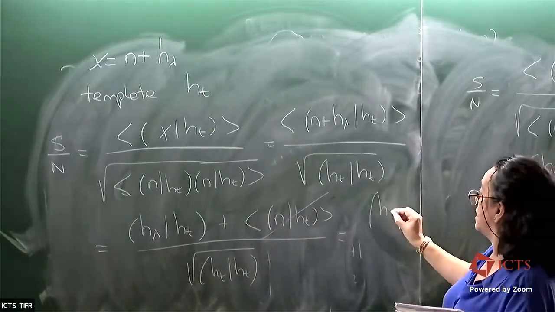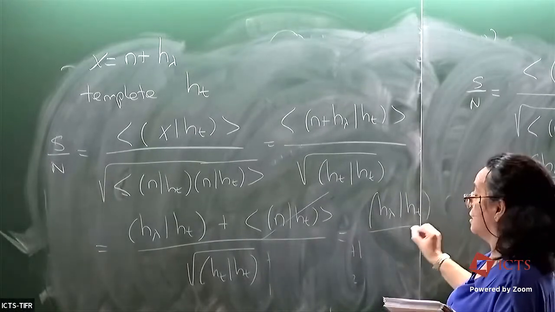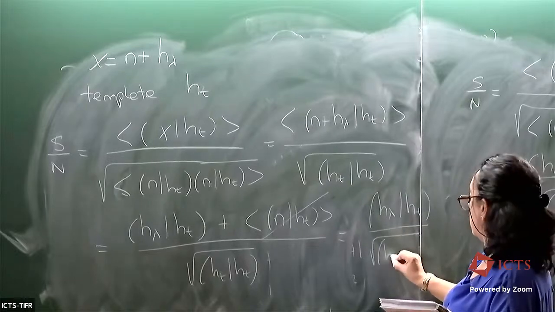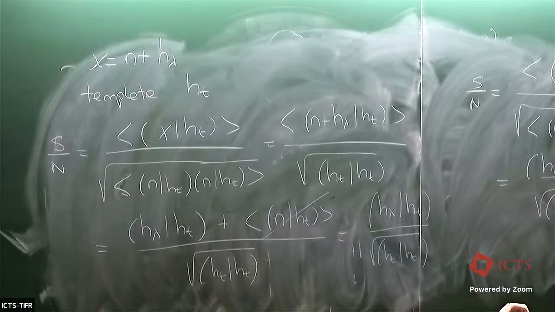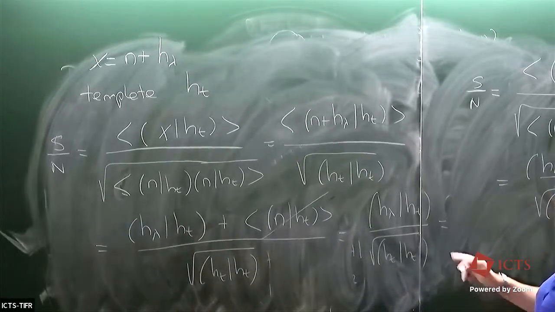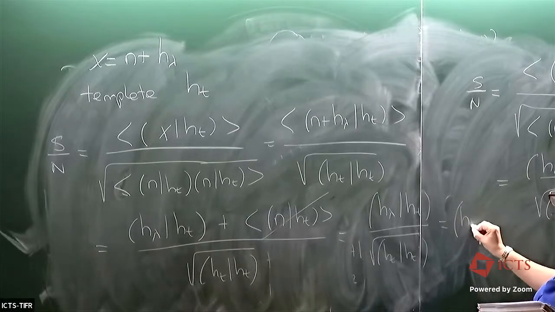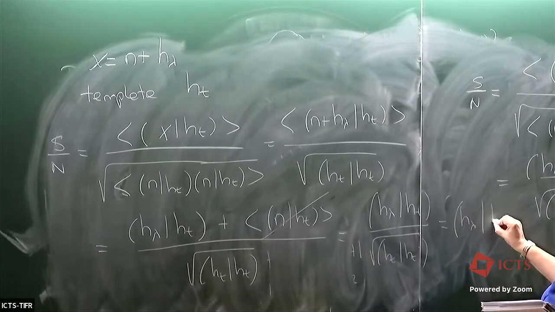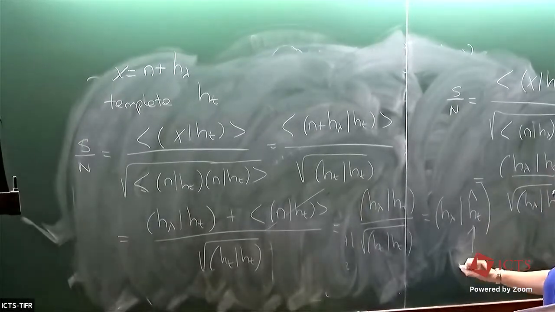So this is h lambda, h template, h template, h template. So this is nothing else than the scalar product of h lambda with h template normalized.